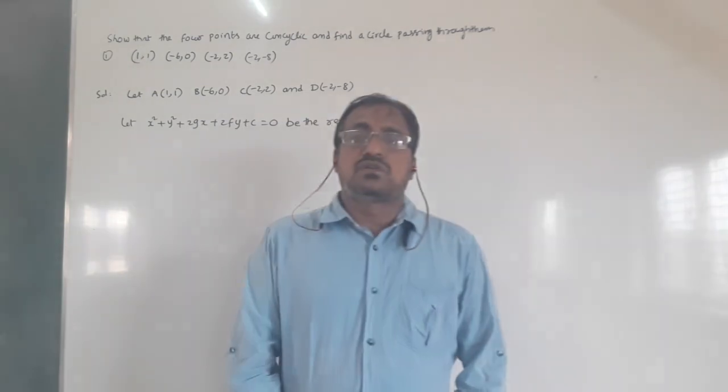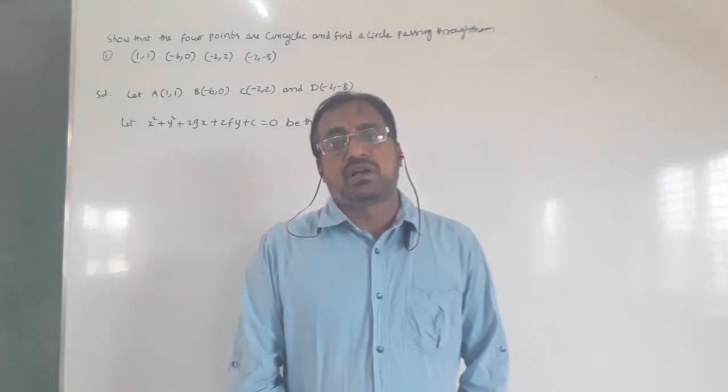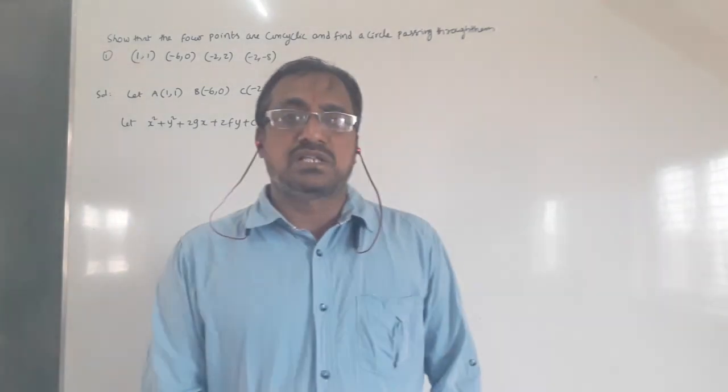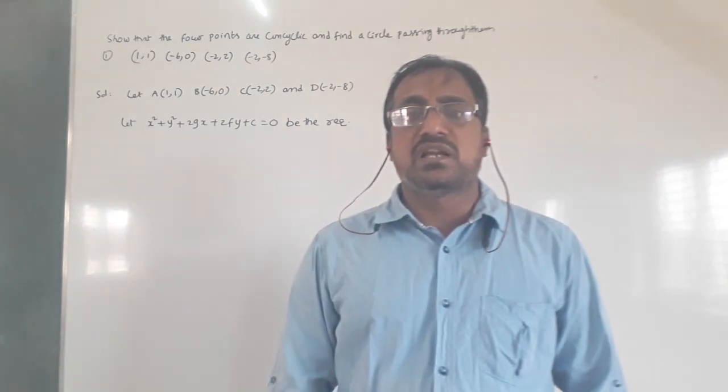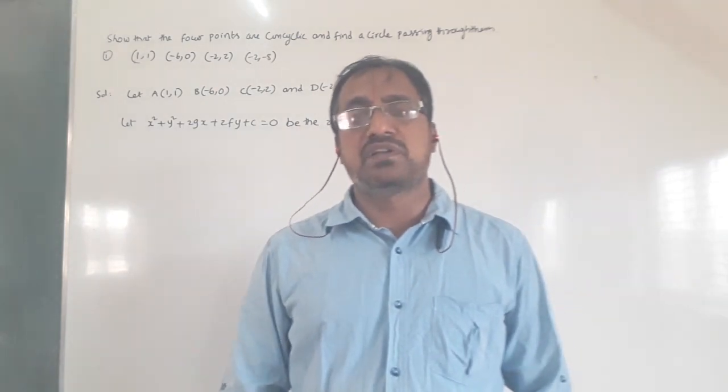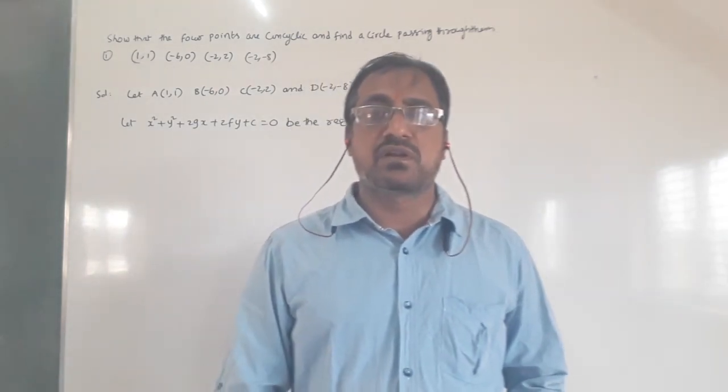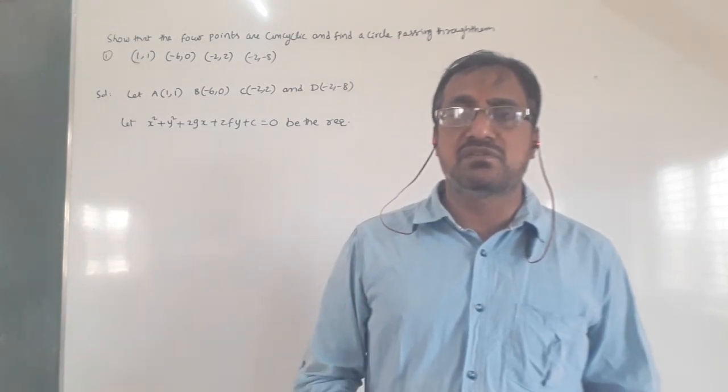Now we substitute any 3 points in the circle, we get 3 equations. By solving those 3 equations, we are going to get g, f, c values.